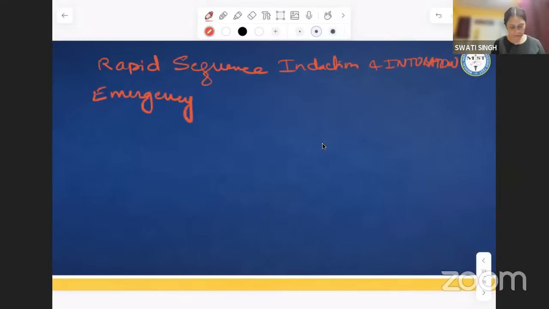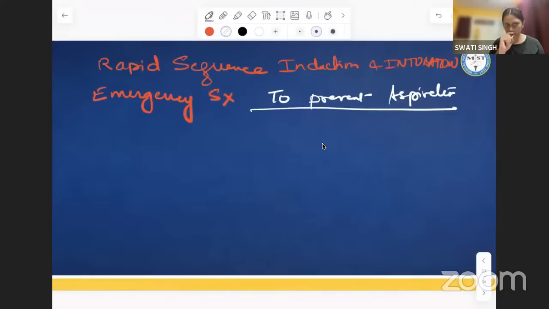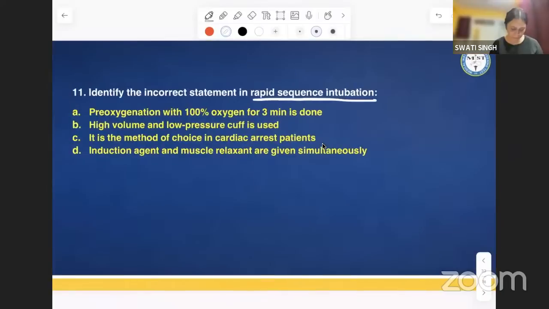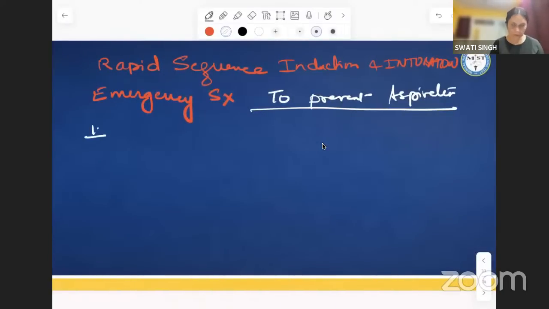What is the reason for doing this? To prevent aspiration, right? We do it to prevent aspiration. What are the steps? 5 steps you have to remember.